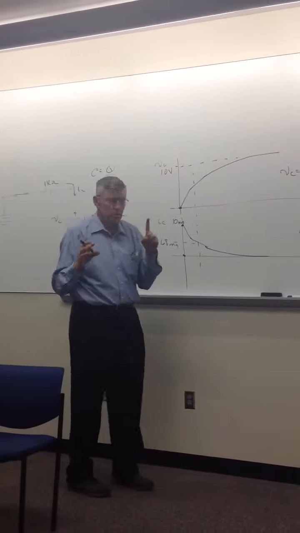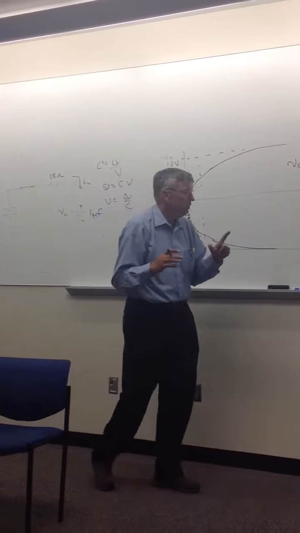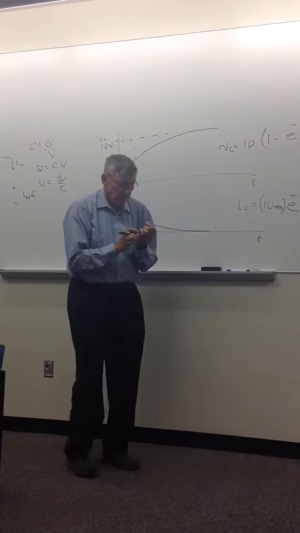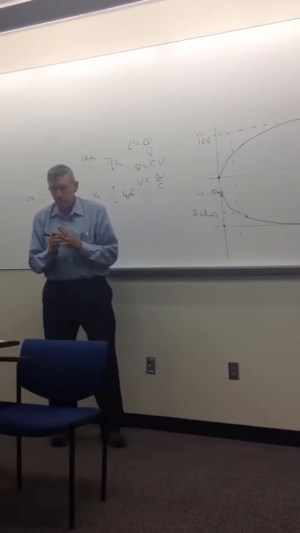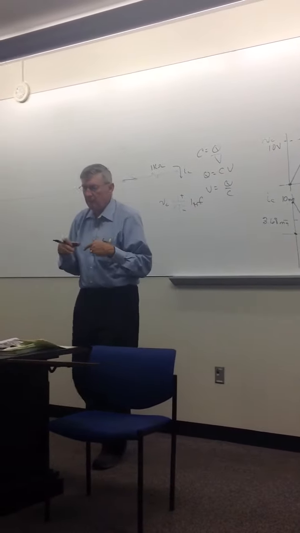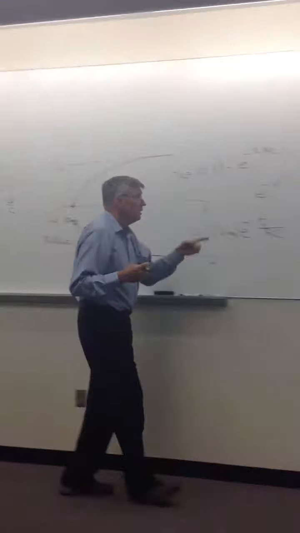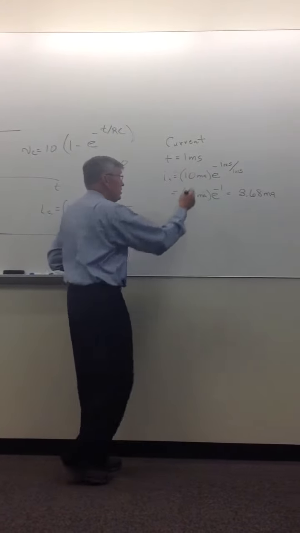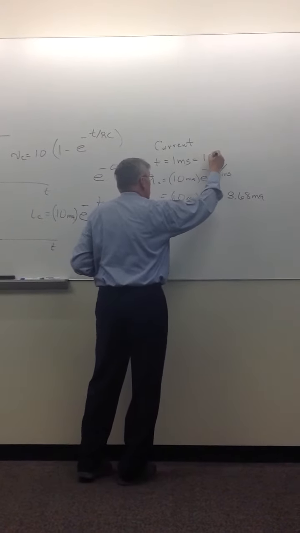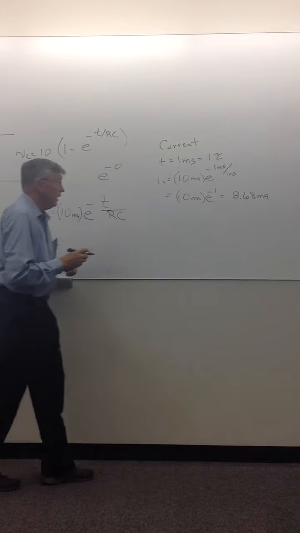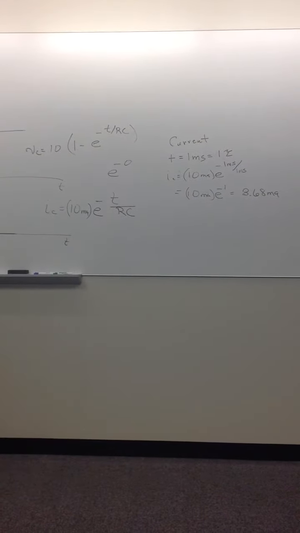Okay. And something that's usually confusing in the book the first time we go through it: the author is going to ask to evaluate this at time equal to 1 time constant. Well, t at 1 millisecond is equal to 1 times the tau time constant.